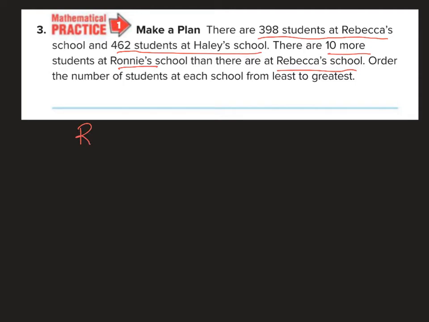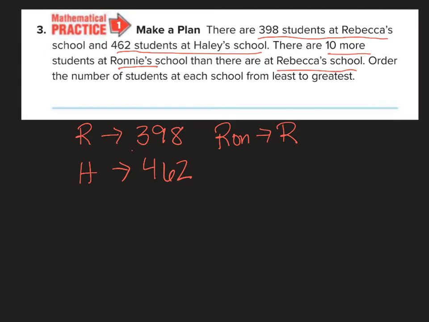So Rebecca is 398. Haley is 462. And then we know that Ron, I'm calling him Ron for short, is Rebecca, which is 398. So I'm just going to write that in. Ronnie is 398 plus 10.